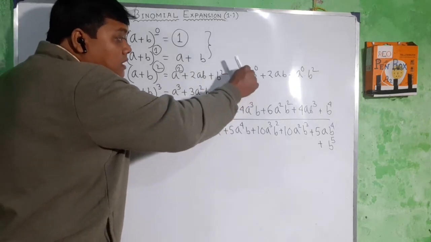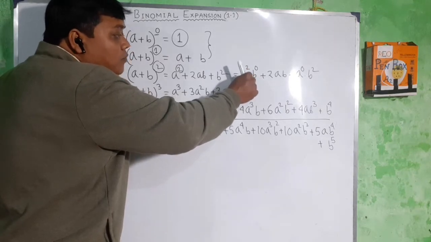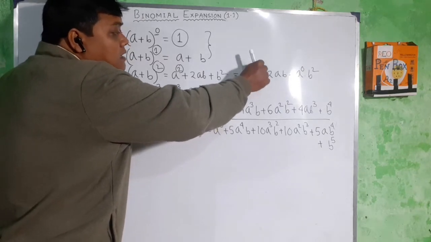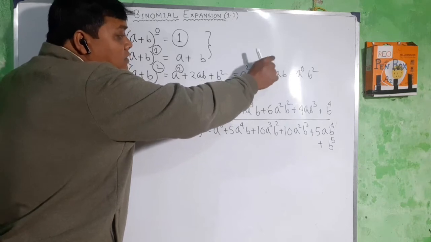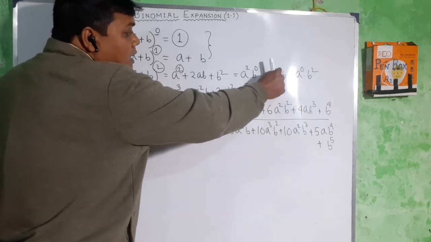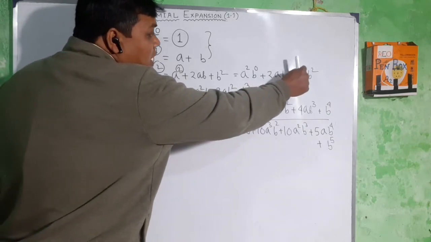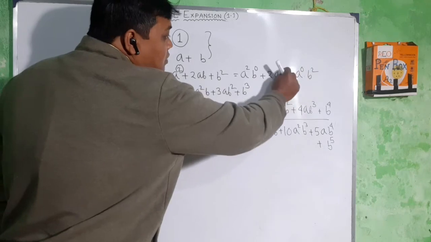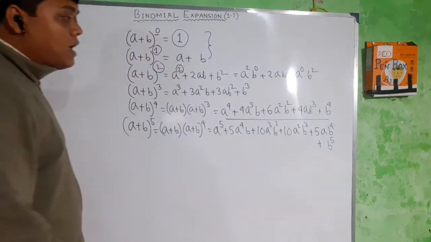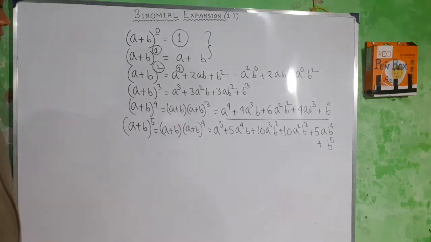Now the index decreases by unity for a and increases by unity for b: a to the power 2 minus 1 and 0 plus 1, then 2 minus 2 that is 0, and 1 plus 1 that is b square. In this way, this is a total observation.